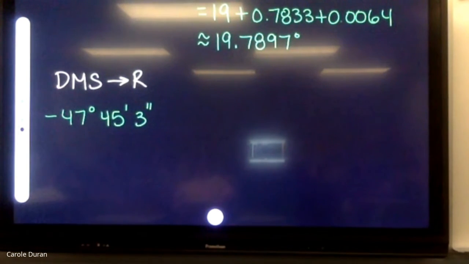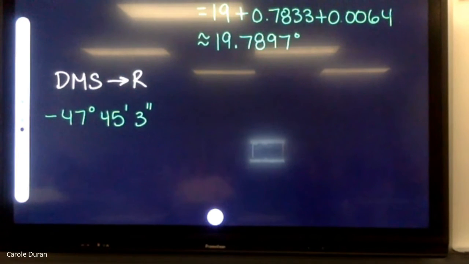So let's do negative 47 degrees, 45 minutes, and 3 seconds. When we're solving for it, what is the negative score? You subtract.